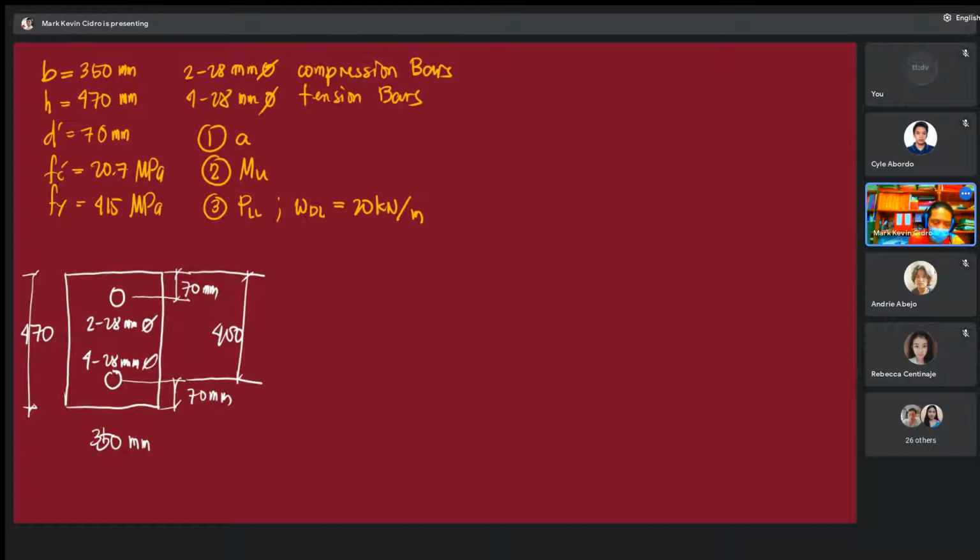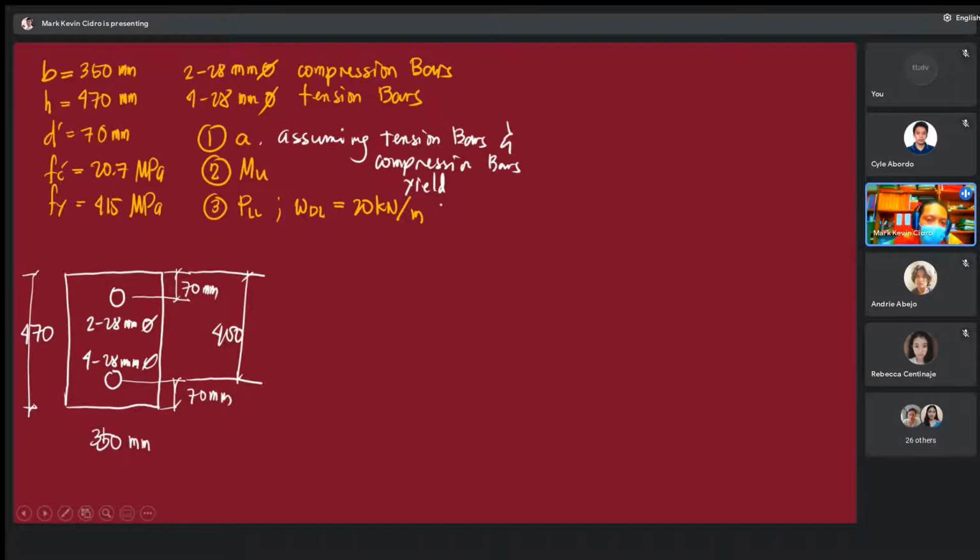Take note, we are assuming that the tension bars and compression bars yield.